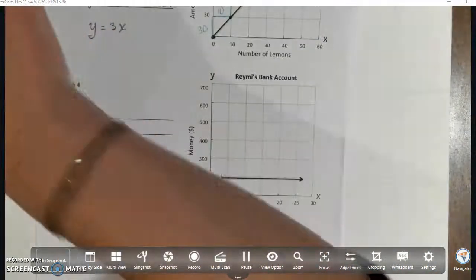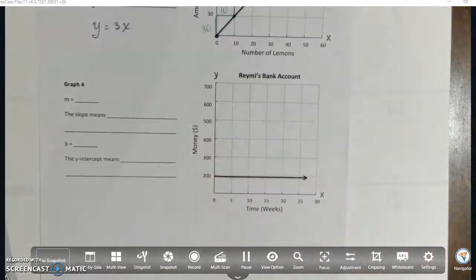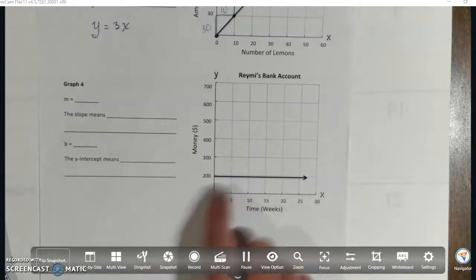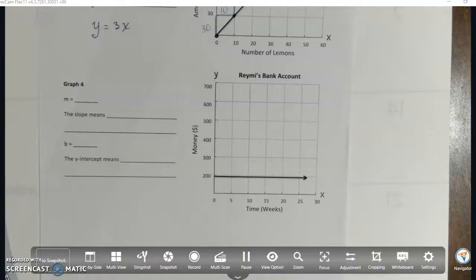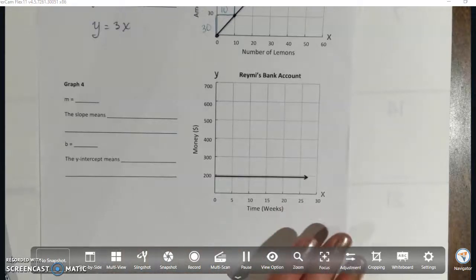All right, and the last situation, love that we have this particular situation in our word problem. This is our example of what zero slope looks like in a real life situation. Okay, so we have Remy's bank account and the balance, how much money Remy has over several weeks.